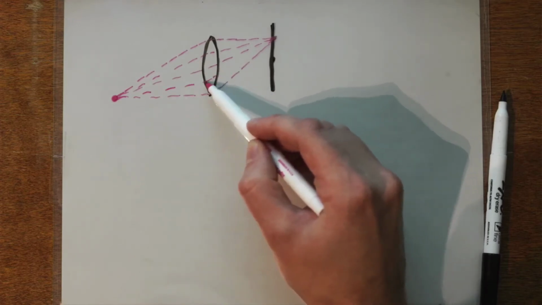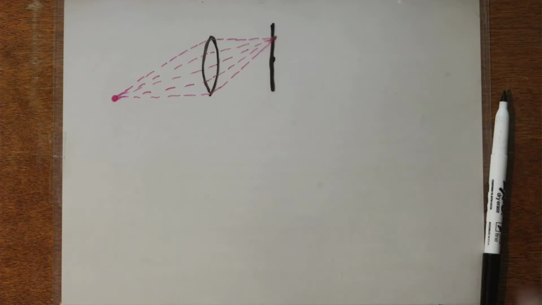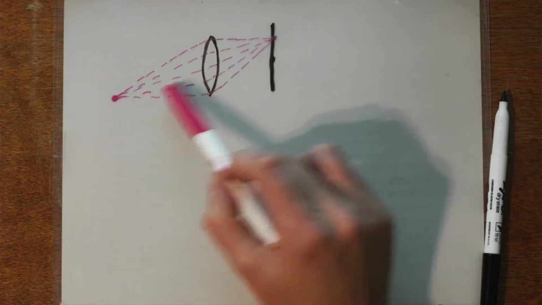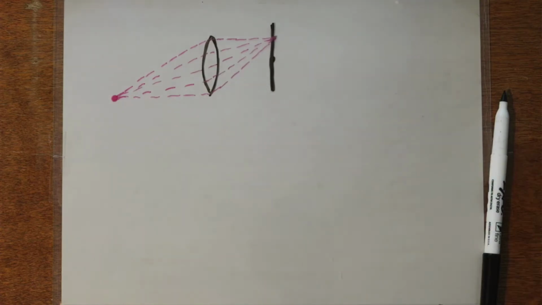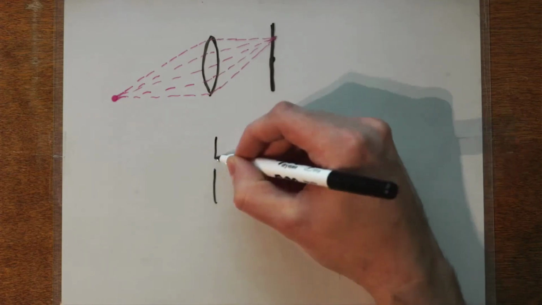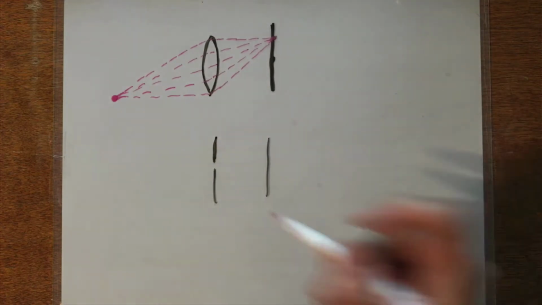And there is actually a little bit of bend right here, but it's just too small of a drawing to show that. So we have this lens system that can give us the same kind of thing as our pinhole, right?